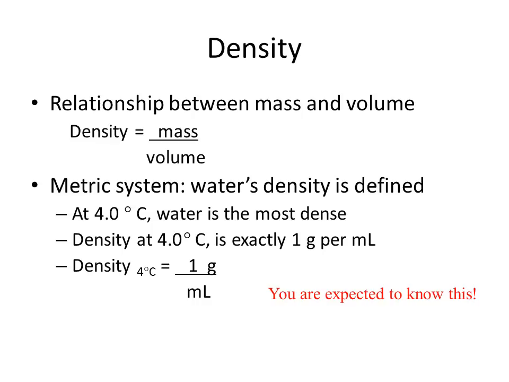The metric system defines the density of water as being 1 gram per milliliter. At 4 degrees Celsius, it is exactly 1 gram per milliliter. And at room temperature and above freezing, the density of water is very close to 1 gram per milliliter.